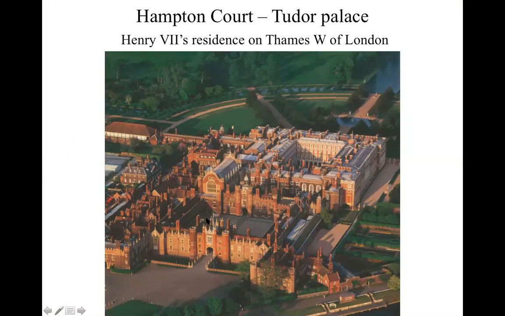It's built in brick, which the Tudor builders like to use. It's got many Gothic features. It's 16th century, and this was built at the same time Michelangelo had painted the Sistine Chapel and was doing the ceiling and so on. So it's incredible. There's this lag between Britain and the rest of Europe, which is much more advanced at the time.